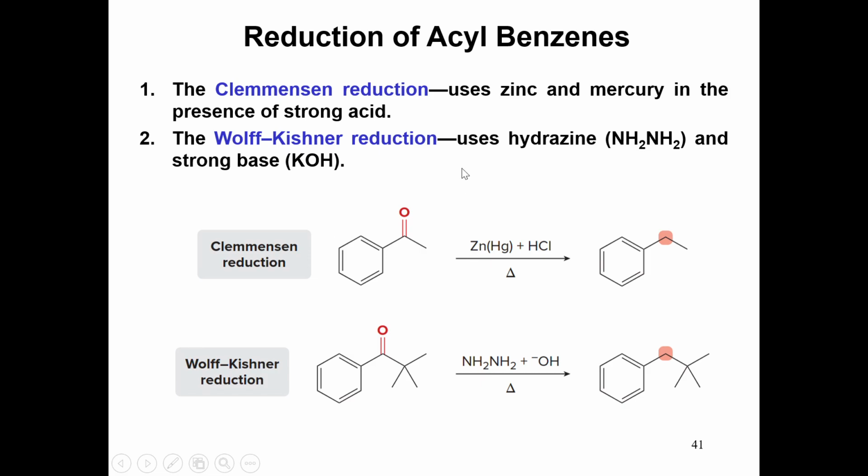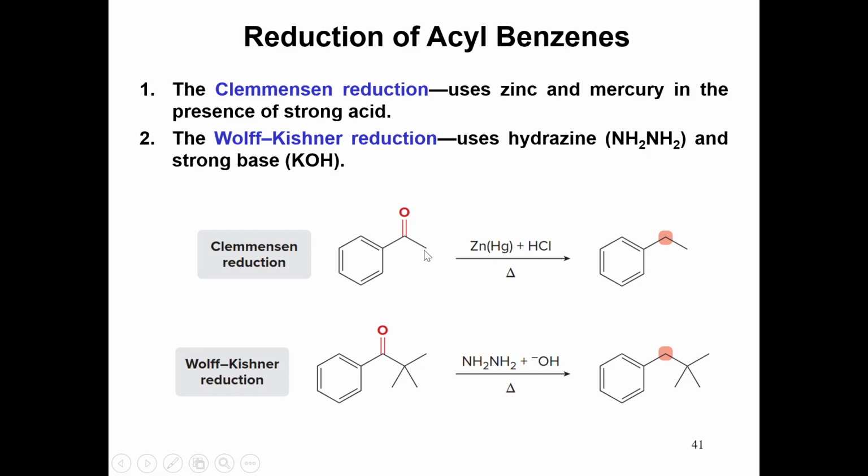So the next reactions we are going to discuss are the reductions for different aromatic molecules. Like this one, this part is acyl. This part is acyl. So we can reduce the ketone group here.